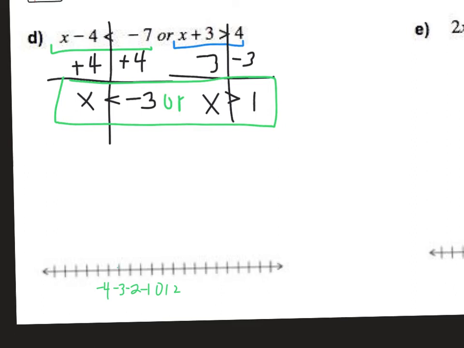We'll have an open dot on negative 3, an open dot on 1. We want numbers smaller than negative 3 or numbers bigger than 1. And again, this is an or problem. Our arrows are pointing away from each other.